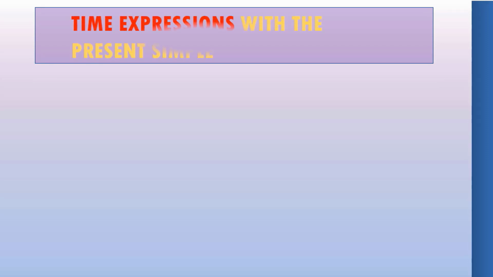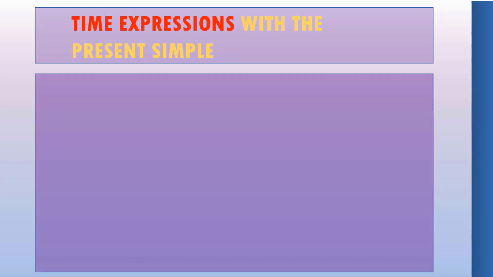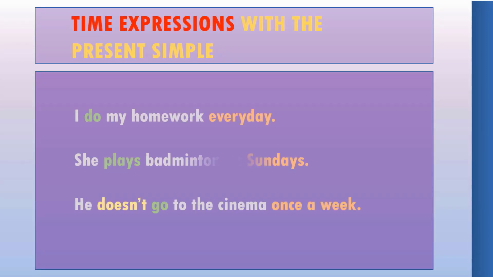Okay, so if we look at general time expressions and the pattern of the sentence, we've got the subject, I, the verb, do, my homework, every day. Now look at the position of the time expression. It's coming right at the end of the sentence.